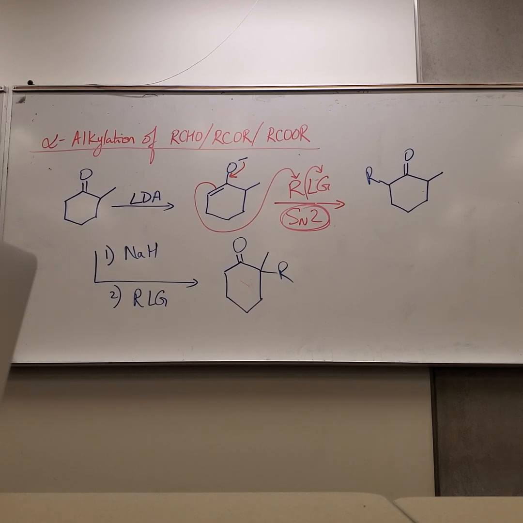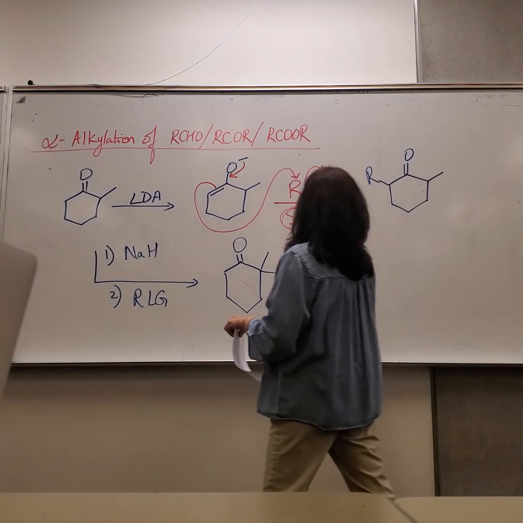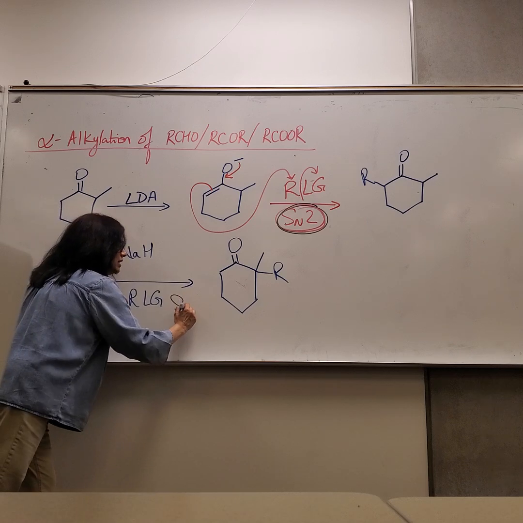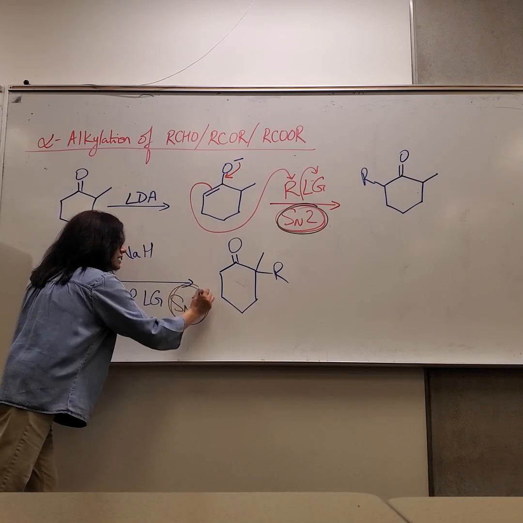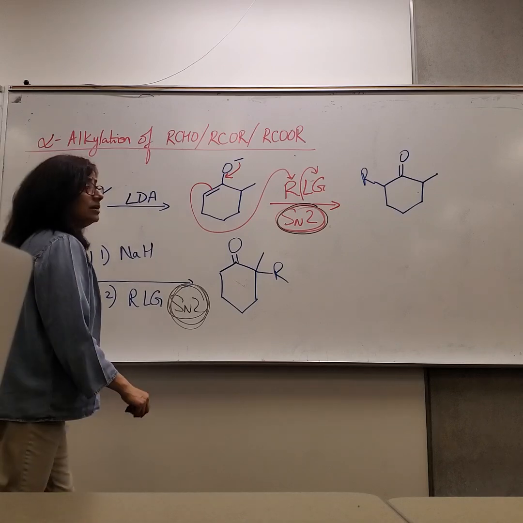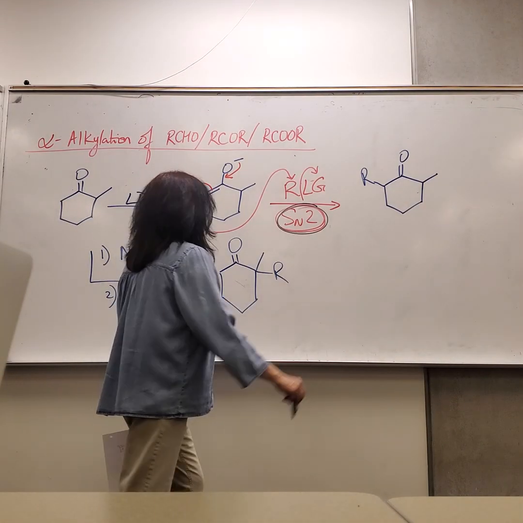Now the important thing here is the second step is SN2. What is the consequence of that? The enolate is a nucleophile, fine, that we know. Why? R has to be kind of small. Exactly.